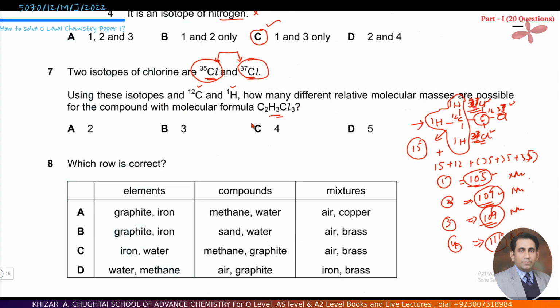So the correct option is C. Four different molecules will be there with respect to the different masses.